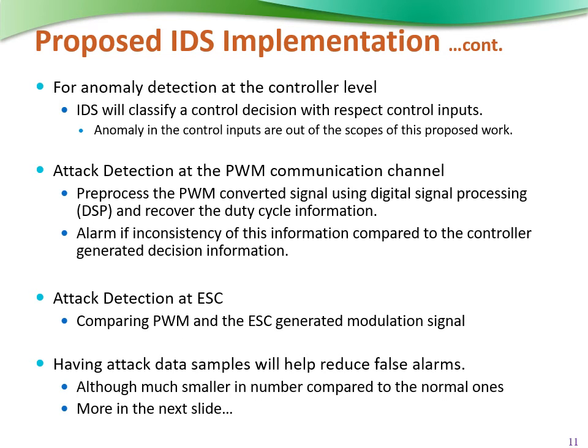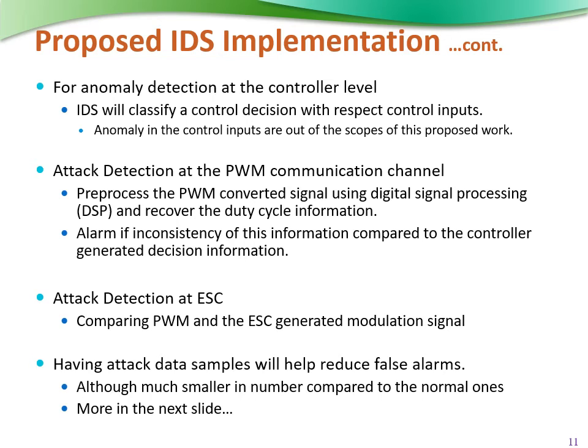Our three layers of intrusion detection system will work by comparing their respective behavior. In the case of the controller level, our anomaly detection will classify good and bad, considering a control decision with respect to control inputs.